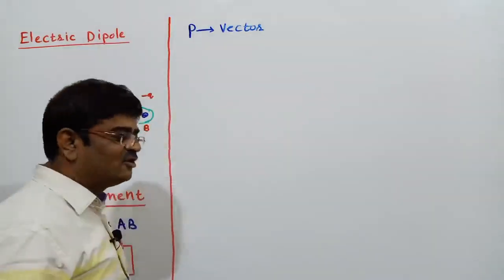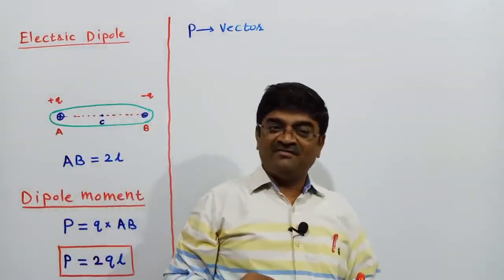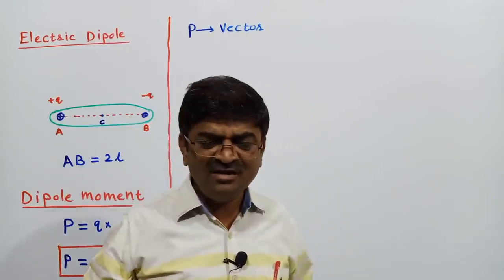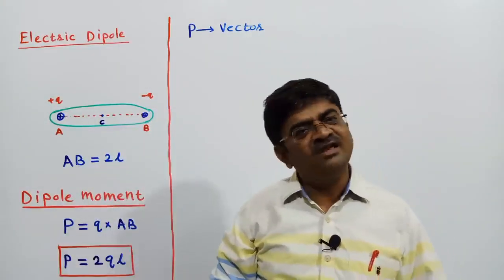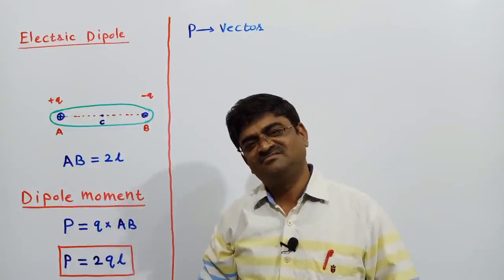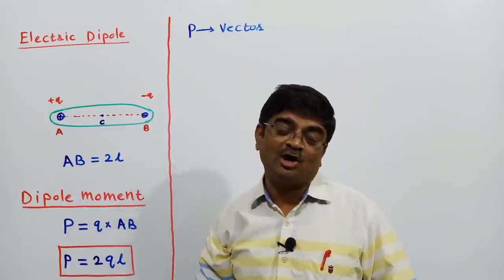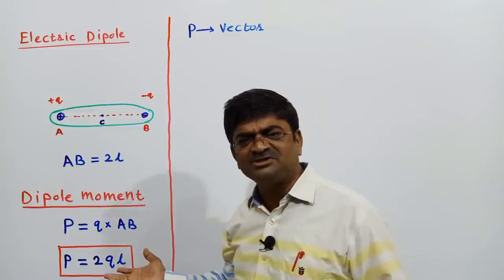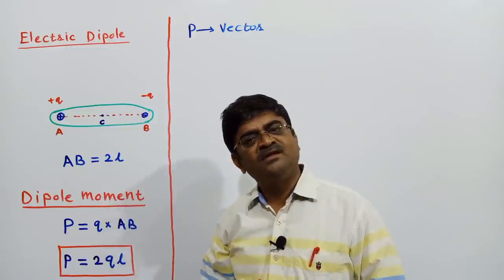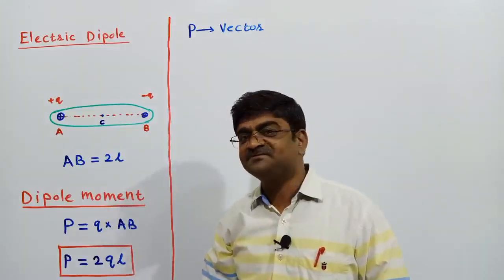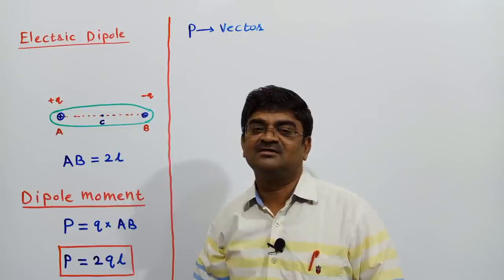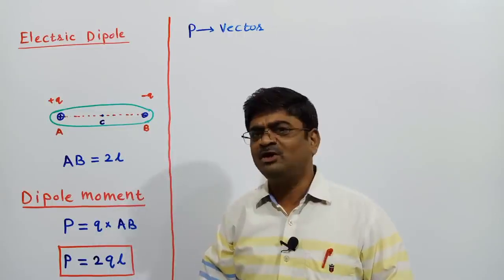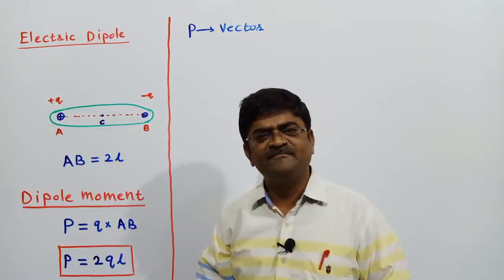And children, you all know, whenever we need to talk about any vector completely, for the complete description of any vector, it is mandatory to talk about its direction. Simply giving the information about its magnitude is not going to be the complete description of a vector. Then let me furnish you details about the direction of the dipole moment.